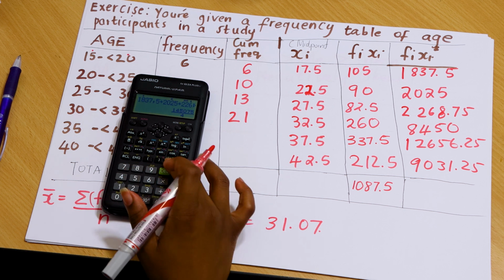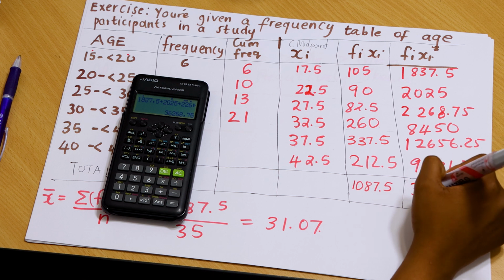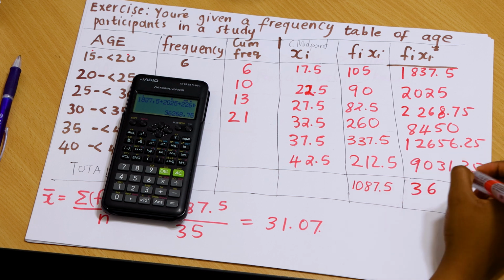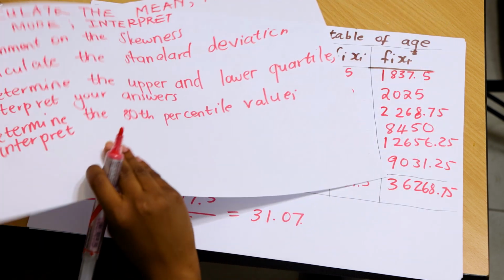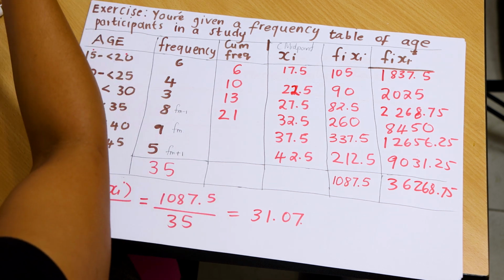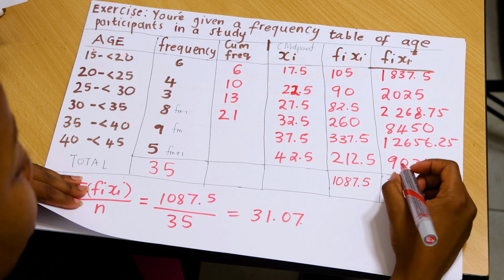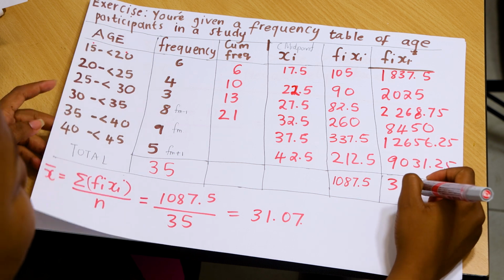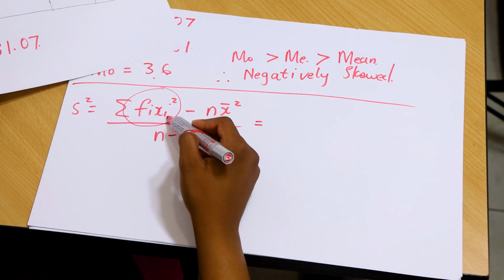And that gives 36,268.75. Since the equation wants the sum, you take everything here, and that is what gives you the sum of fixi squared. So this value is going to be this value.